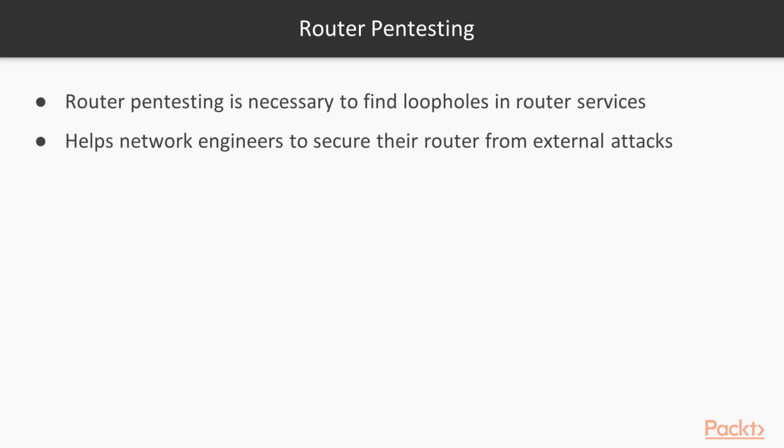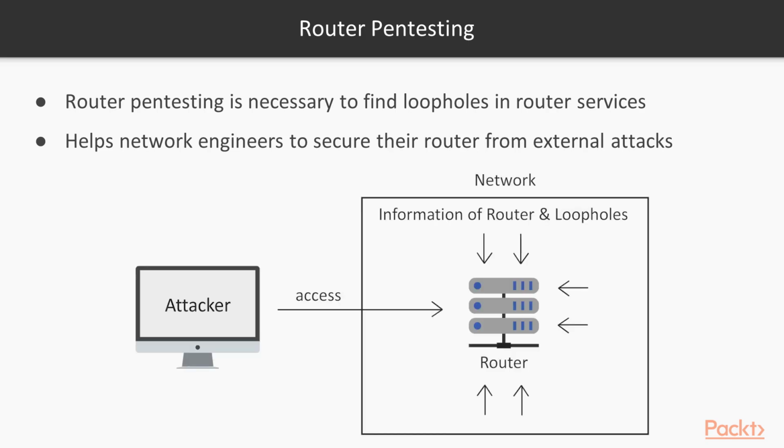So router pen testing is necessary to find loopholes in router services. For example, if this is the attacker and this is your router, the attacker wants to access the router because the router contains all the services. If the attacker has access to the router, the attacker can manipulate the services and insert all the services.